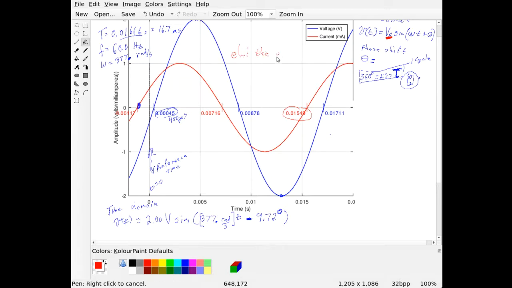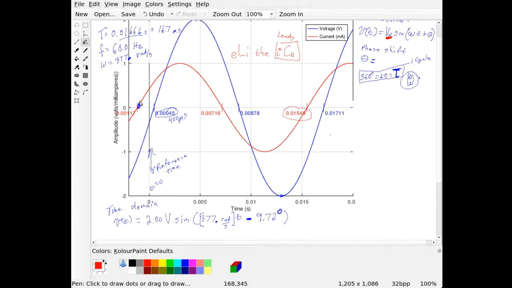It's just a reference point. I don't know who came up with this. Okay, so we have Eli the Iceman, and what this says is that in a capacitor, the current leads. In a capacitor, the current leads the voltage. And in an inductive circuit, the voltage leads the current.